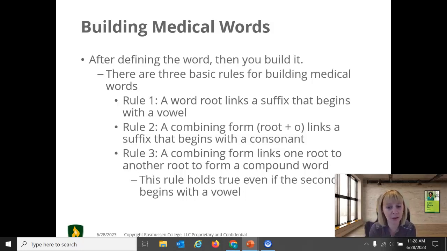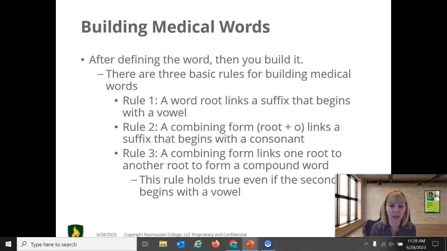So root word plus an O will link a suffix to the word root. You only need to use the combining vowel, O or I, if the suffix begins with a consonant. So ology, if you remember that example, it starts with an L, that is a consonant. You would need the O there. But if the suffix begins with a vowel, like itis, I is the beginning of that, you don't need that combining form.